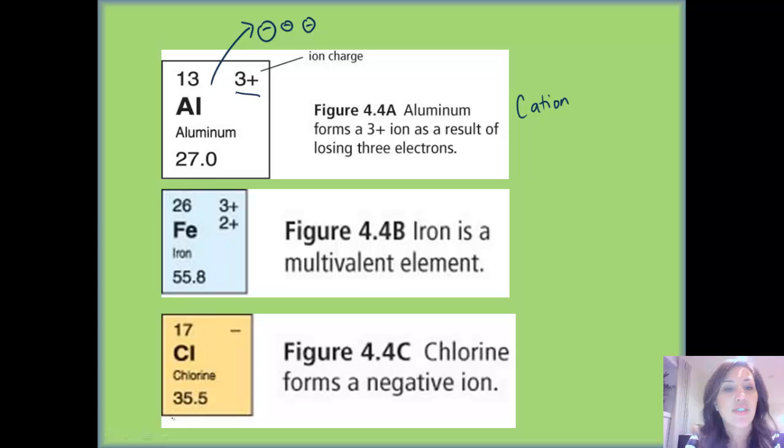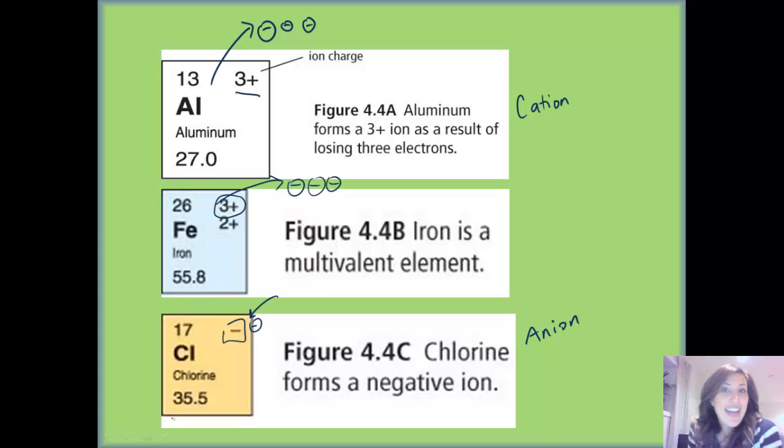It also likes to lose electrons, and in this case of +3, it would lose 3, or maybe it will only lose 2 sometimes. And finally, chlorine, this is an anion, and this will gain electrons. So because it's gained 1 electron, we show 1 extra negative here.